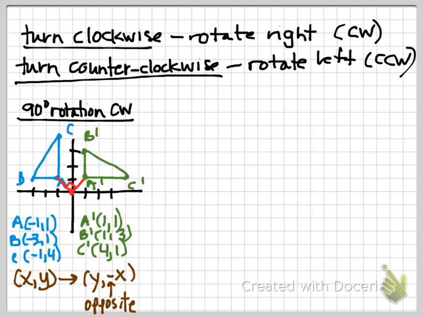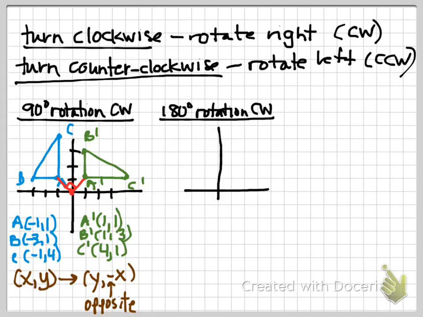Next, let's talk about that 180 rotation. And again, we're talking clockwise. So we're going to start with the same beginning shape. I'm going to make this shorter. Actually, this one may need longer.